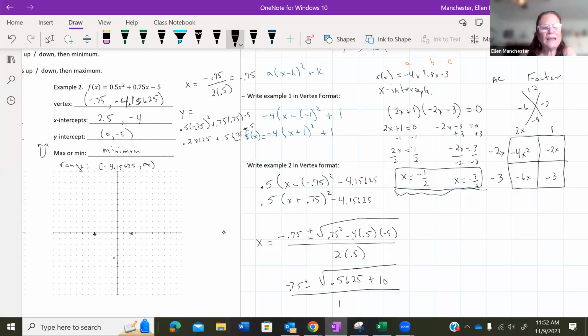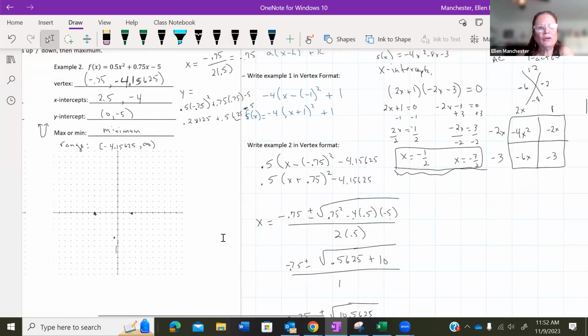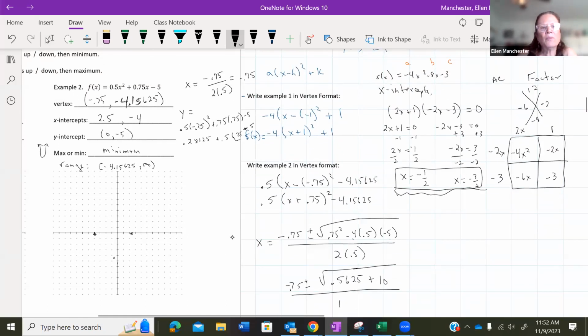So here is a great example of how do you know if you're doing something right or wrong. So my y-intercept is at -5. 1, 2, 3, 4, 5. So that's here. Do you see how my vertex is higher? So there's something wrong with my vertex, right? Because my parabola should cross through that y-intercept and hit here. And it should come down and hit here. So my vertex needs to be down here someplace. Okay, so let me double check that.